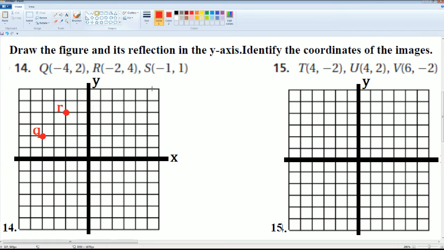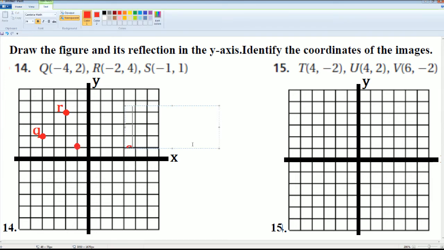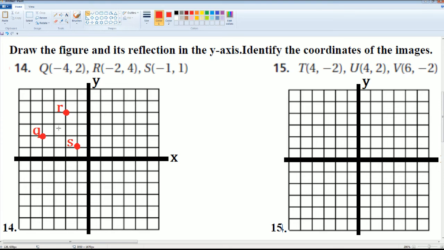And next, negative 1, 1, so negative 1 in the x, 1 in the y. I'm going to call this S. Good. Now connect it.